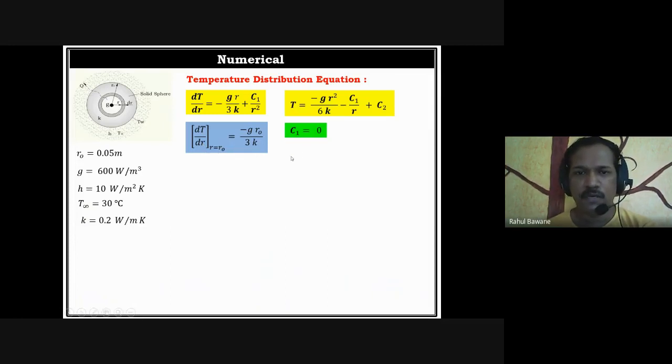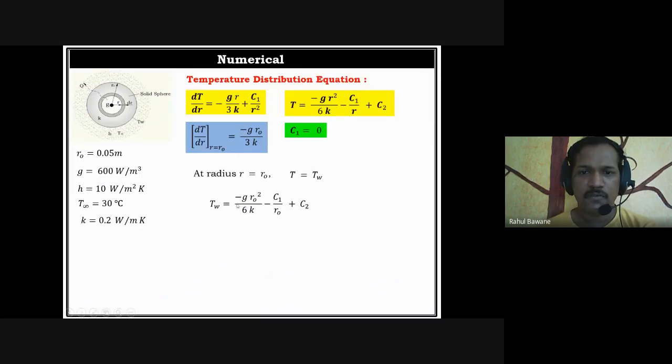Now we will find out what is the value of T wall. So we will apply a second condition at a radius, that is the surface, r equals ro, where temperature becomes T wall. So we have to use this temperature distribution equation. Putting this condition in that equation, T becomes T wall when r becomes ro.